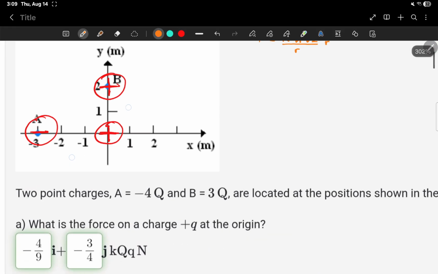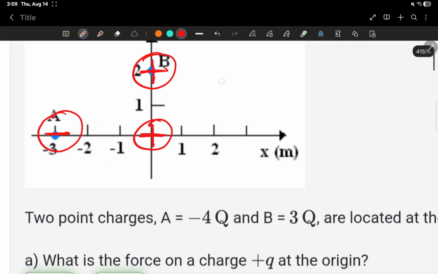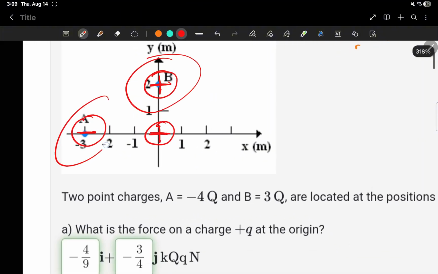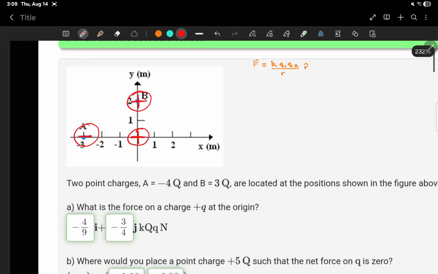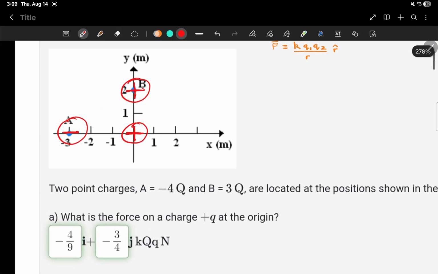So coming back to this question, first things first, now that I've drawn out the signs of each of the charges, I can draw force vectors between them. First I'll start with this charge at the origin and the charge B here. Both of these charges have the same sign, they're positive, so same charges will always repel. Like charges repel.